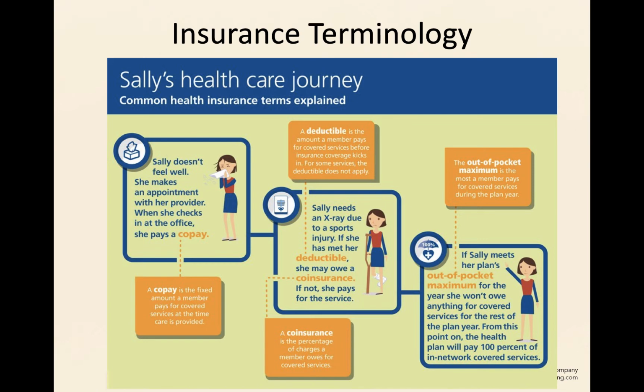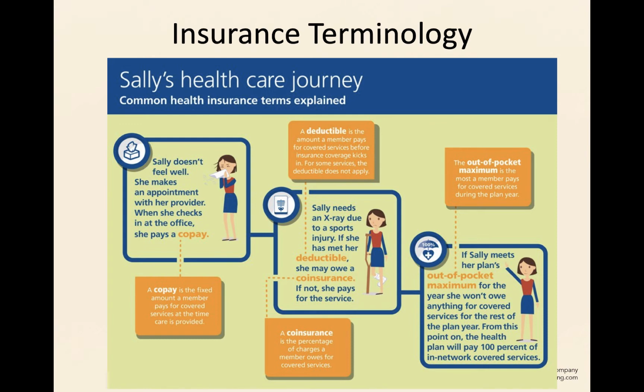So Sally could have a $1,500 deductible, right, that she needs to pay before her insurance kicks in ever. So she meets that deductible, and the insurance goes, okay, now I'm going to pay, but I'm going to only pay 80% of that bill. So now you're going to get a bill from the provider of $1,500 plus another $500. And so now she has $2,000 to pay.